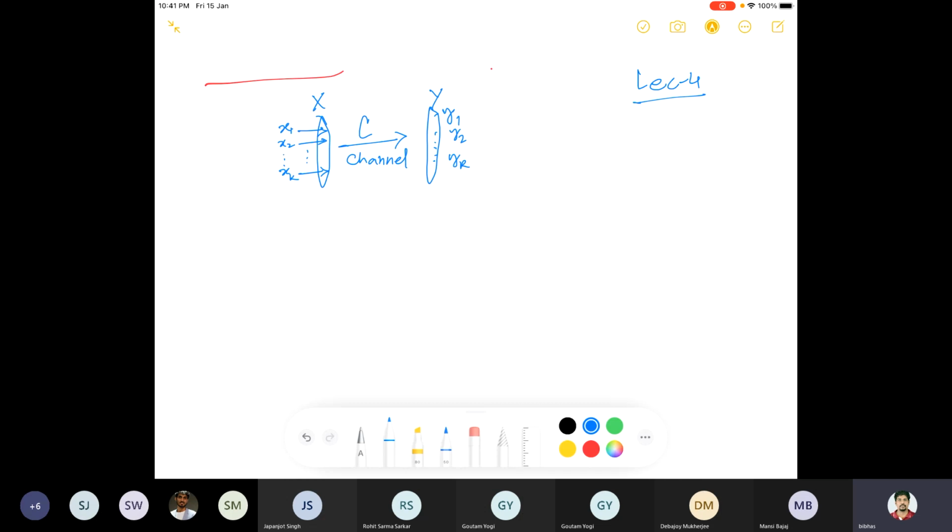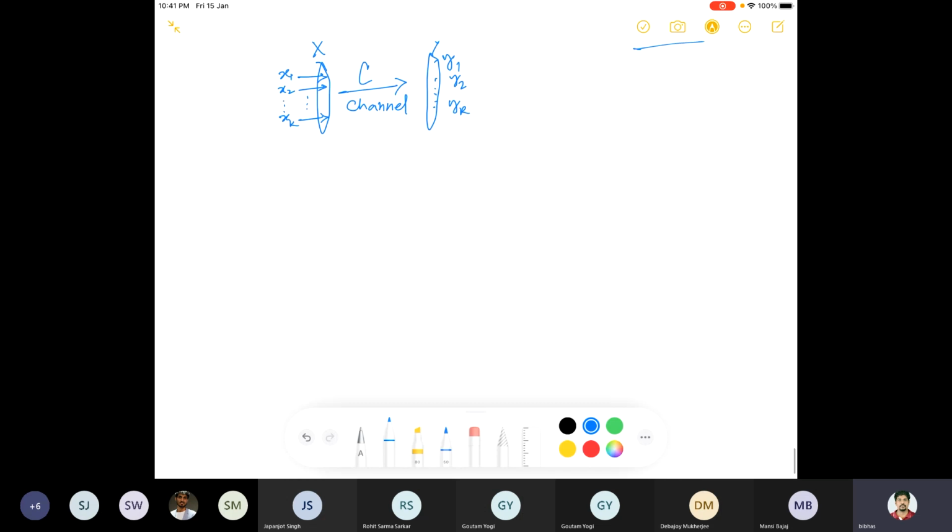So this is the context. We first introduced what is called mutual information, and from there we defined something called entropy. The basic idea from last day is: let X be a random variable.